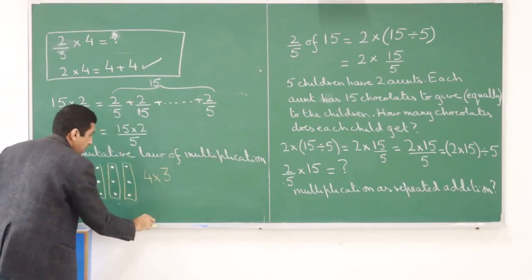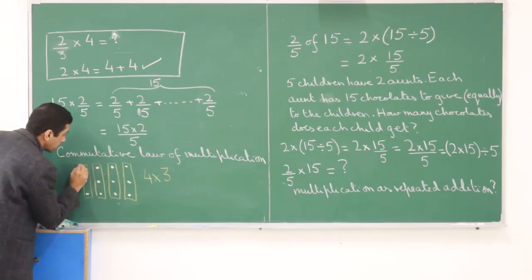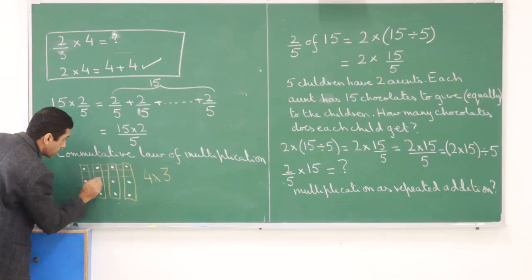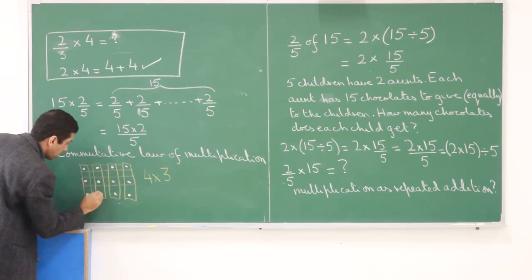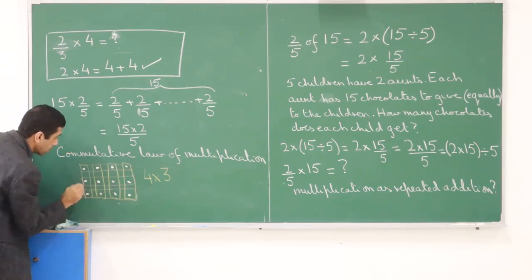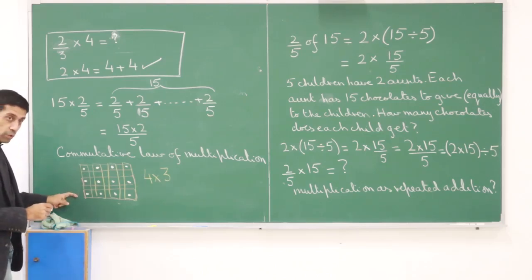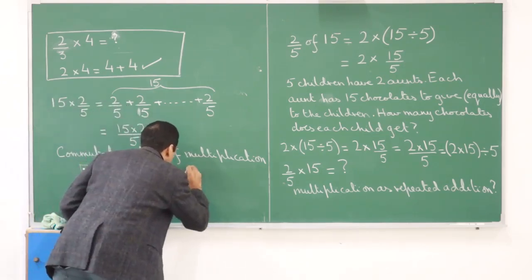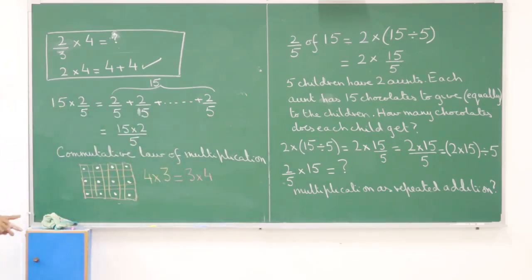But you can look at the same thing horizontally, and now it will look like, very bad drawing, but I hope you can see it. You can see a 4 and a 4 and a 4, and you see 3 4s. So this turns out to be equal to 3 4s. The order does not matter.